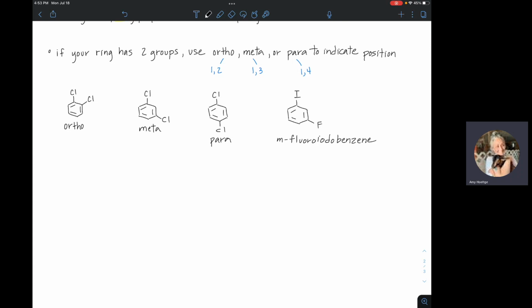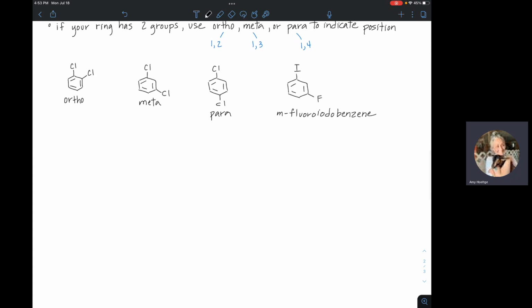And if I've got more than 2 groups, so what if you have more? If I end up with more than 2 substituents on the ring, then you're just going to use numbers. Don't use ortho, meta, or para.